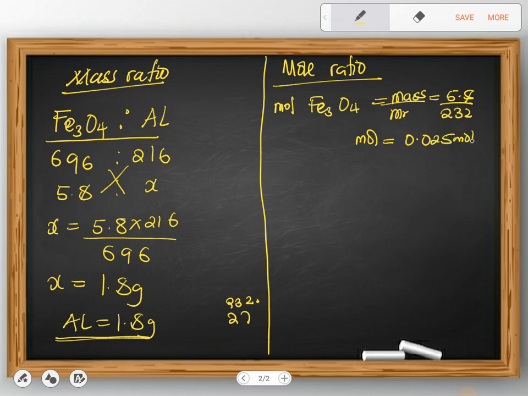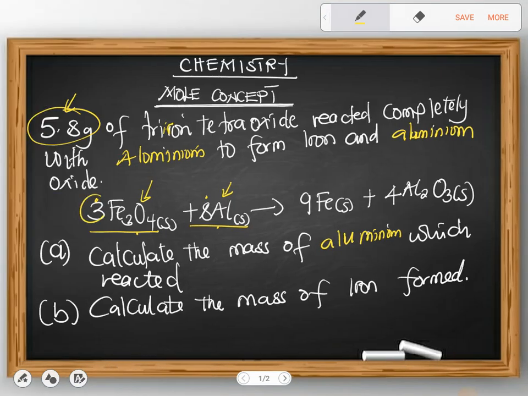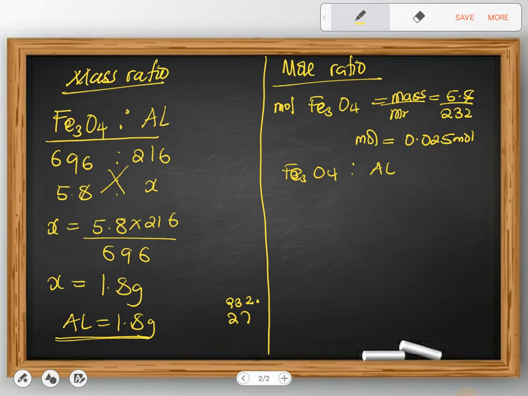Now we are going to do a mole ratio of Fe3O4 to aluminium. In terms of moles, how many are there here? 3. This one has got 8. So we're going to say 3 to 8. These moles, this guy here, we put here, and here I'll put X. So if I cross multiply, I'm going to get 0.025 times 8, then divided by 3.